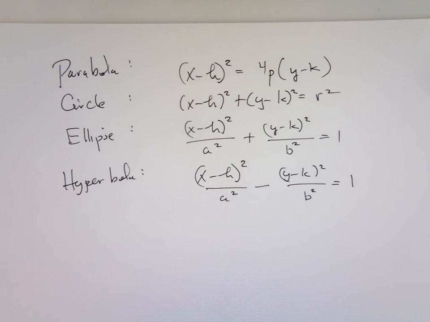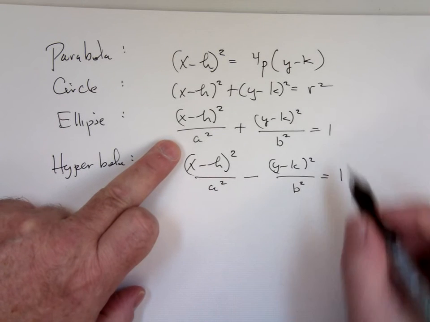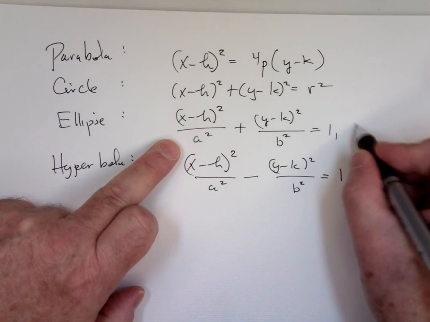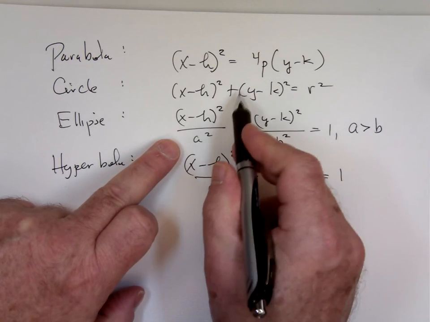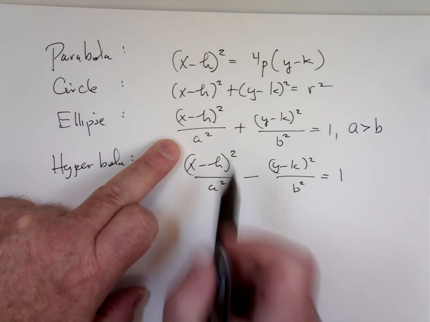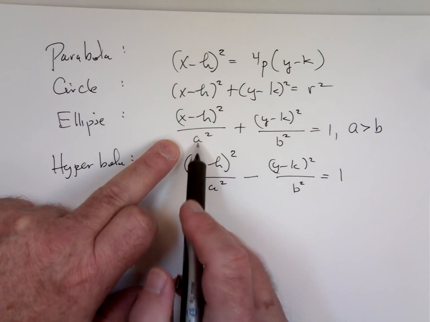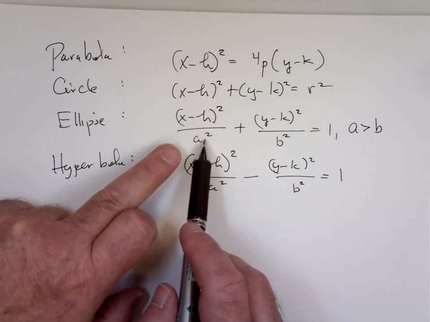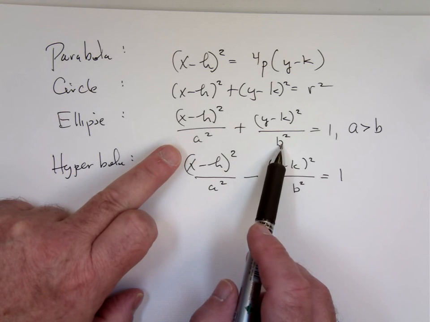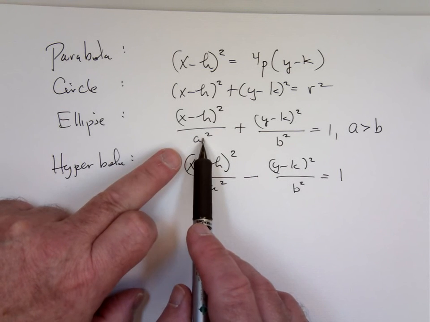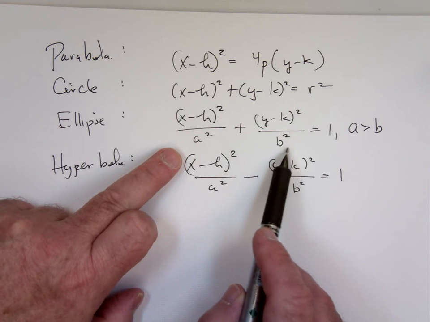Now, in the ellipse, I should mention that a is greater than b. If it's equal to b, we're back to a circle. So if you had a 16 here and a 9 here, a would be 4, because that would be the a over here.